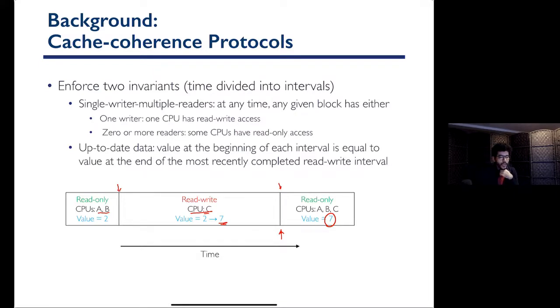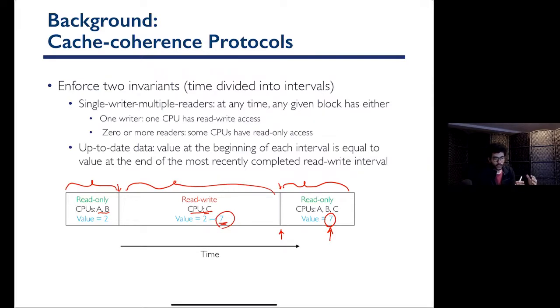So the division of time into these intervals, where I have either readers or a single writer, was the first invariant that we had to implement. And the second one was this one, where you should read the final result of the writer.